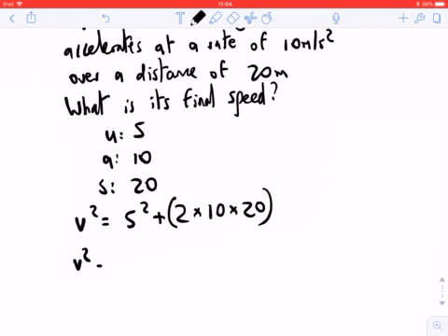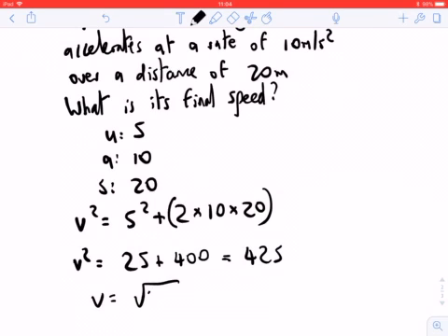So v squared will be equal to 25 plus 20 times 20, so that's 400, equals 425, which means that v will be the square root of 425. Okay, so get your calculator out for that one. The square root of 425 is around about 20.6 meters per second.